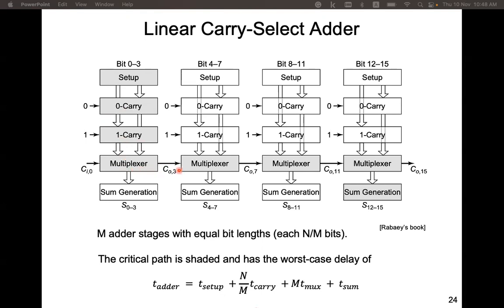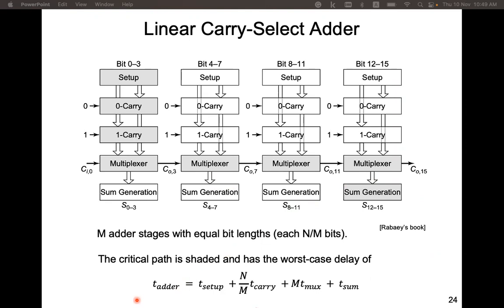And then we have here m multiplexers. The critical path contains 4 multiplexers, m multiplexers. That's the delay. And finally, the sum for the final stage. Of course, it will also take time for this sum generation, but it will occur earlier than the last stage. The signal here is earlier than the signal here. So that's the total delay.